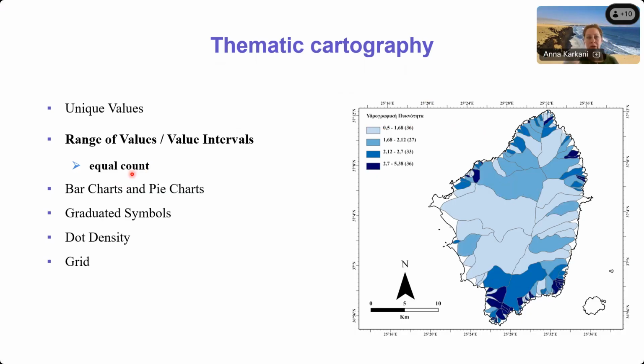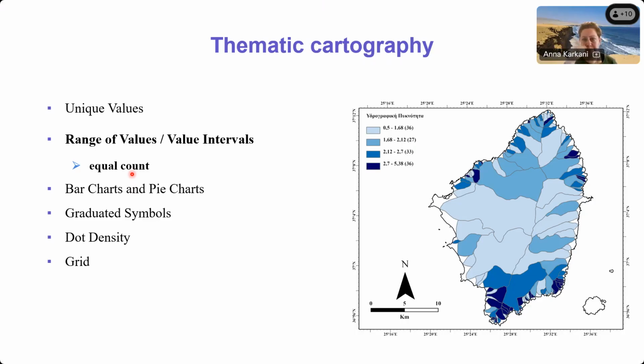Then there are other methods when we have to do with a range of values or value intervals. For instance, here you can see, again, we have the same data set, and you can see that we are creating different thematic maps as we move on through the slides. Here you can see an equal count thematic mapping of the same property of the hydrographic density.